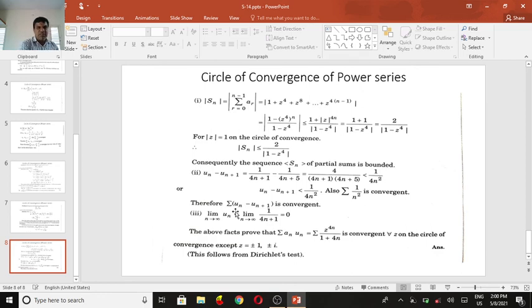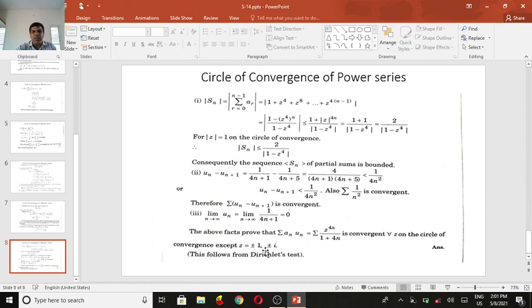So limit n tends to infinity un is equal to limit n tends to infinity 1 divided by 4n plus 1, which is 0.